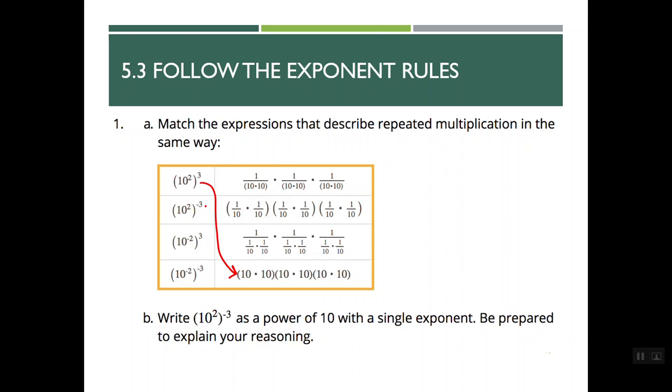Now we have 10 to the 2nd, but it's to the negative 3rd power. So this is like saying 1 over 10 times 10 times 1 over 10 times 10 times 1 over 10 times 10. So that would be this one up here.